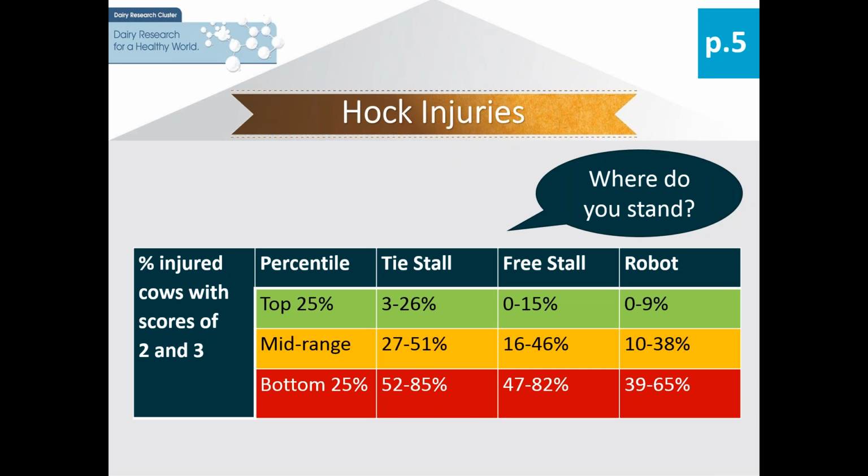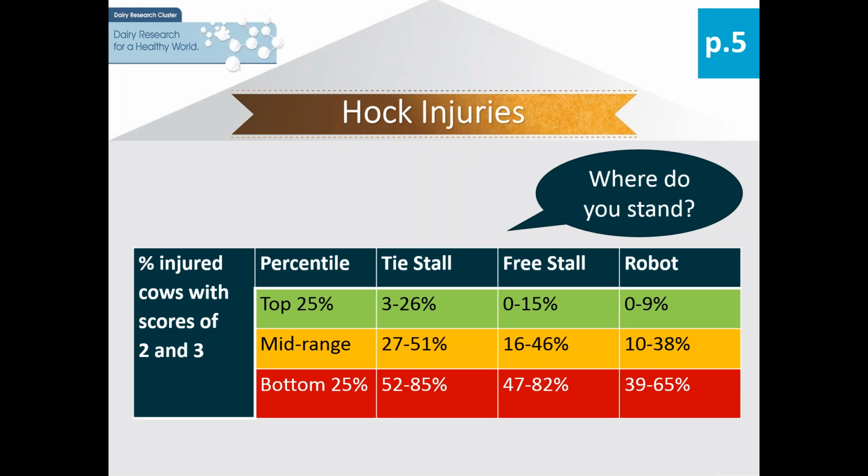It's broken down into 3 categories: our top 25% of herds, our middle 50% of herds, and our bottom 25% of herds. Across all these herds and the different housing and milking systems there is a lot of variability, ranging from 0 to 10%, 20% in the top 25% to herds with up to 65 to 85% in our bottom herds.